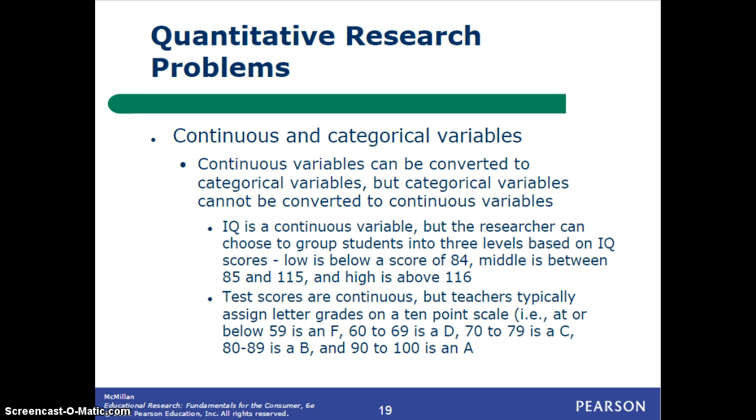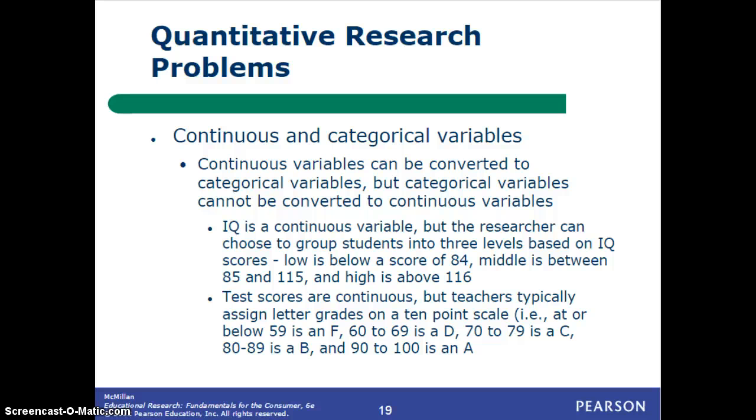When we get into continuous variables, it's important to keep in mind that continuous variables are represented by integers. But one thing also to remember is that continuous variables can later be represented as categorical variables. You can see the example of test scores in the second sub-bullet here on this screen.